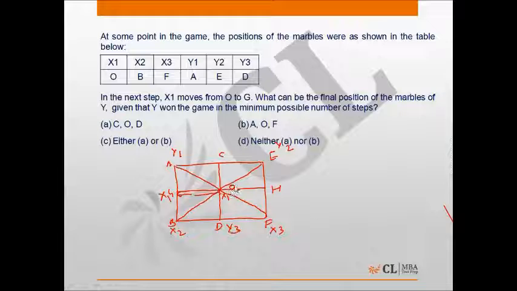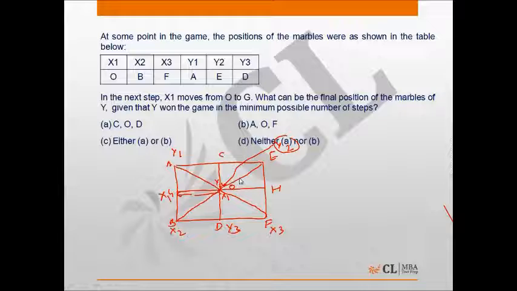So now place O is vacant where any marble can be put in, and if Y moves his marble Y2 to O, then it can be noted that X cannot move any of his marbles to C in the next step, but Y can move his marble Y1 from A to C in the next step and can win the game.